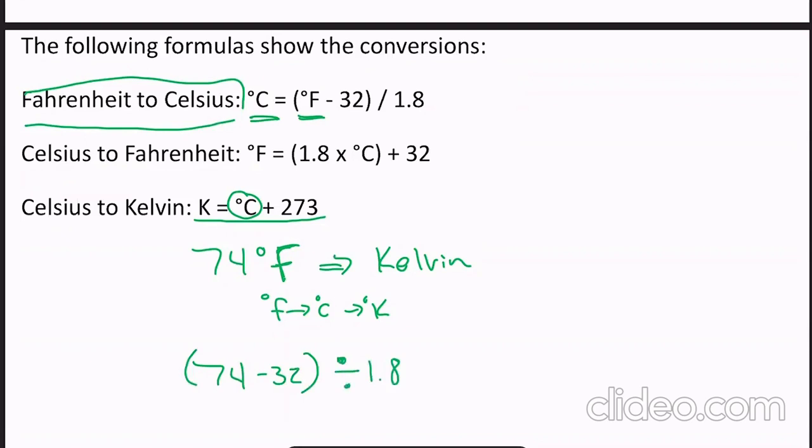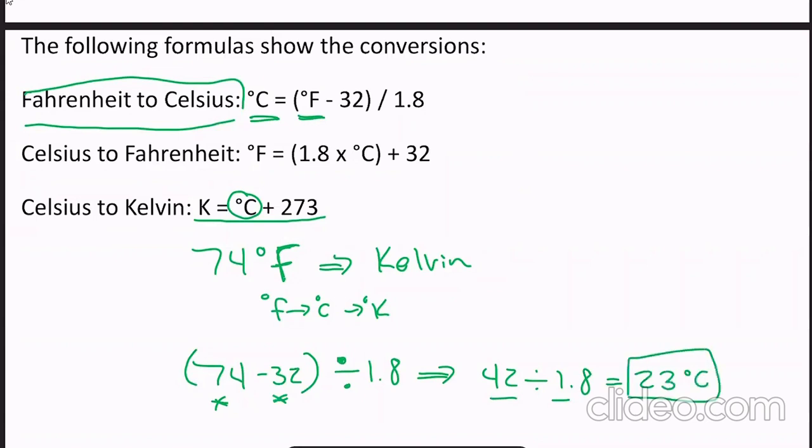So 74 minus 32 is subtraction, 0 past the decimal, we get 42 divided by 1.8. And this comes out to, let's see, two significant figures, 23 degrees Celsius.